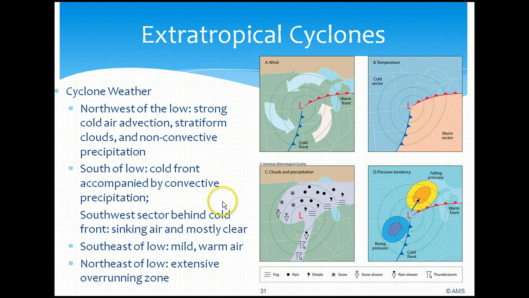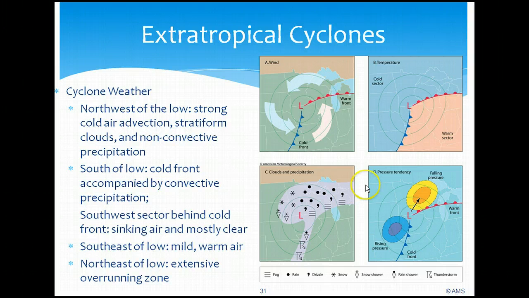If we go back a couple of slides, one of the things that we may remember is that the temperature areas of an extratropical cyclone show a cold sector, generally north and west, and a warm sector, which is generally found south and east of the low.